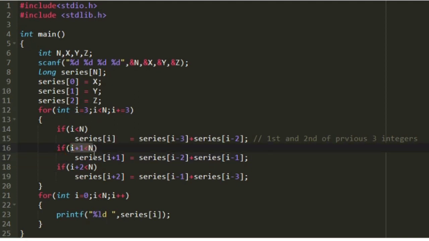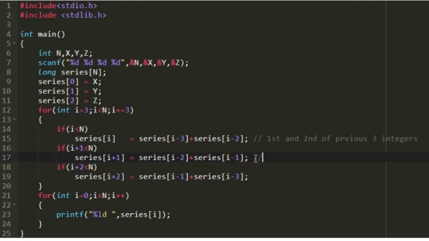So the sum of first and second of the previous three integers would be the first of the next three integers. So that is what we are doing in the first line, and after that the second integer of the next three integers would be i plus 1. So first we are checking whether i plus 1 is less than n. If it is true, then we are going to find the value of series of i plus 1. So the second integer of the next three integers would be the sum of second and third integer of the previous three integers. So the previous three integers, second would be i minus 2.